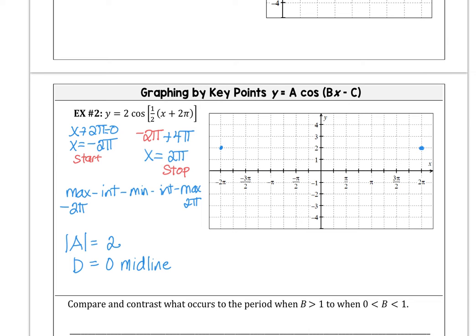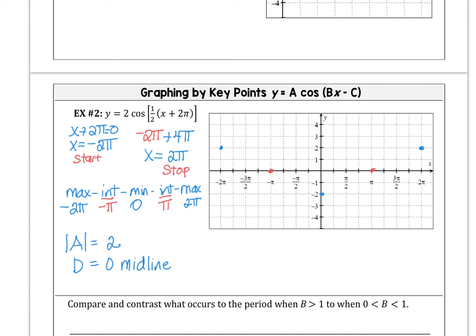In the middle, where's the middle? At 0, our middle will be 0. We're going to have a minimum. And then an intercept halfway between negative 2 pi and 0. So that would be at negative pi. We have an intercept. We have another intercept at pi.